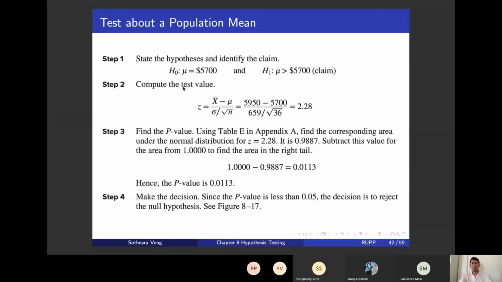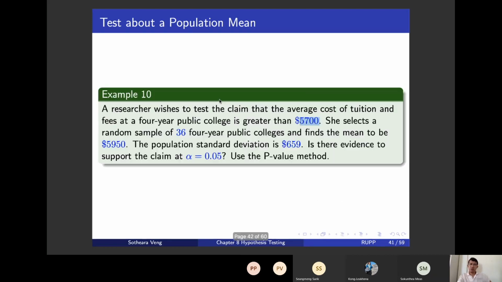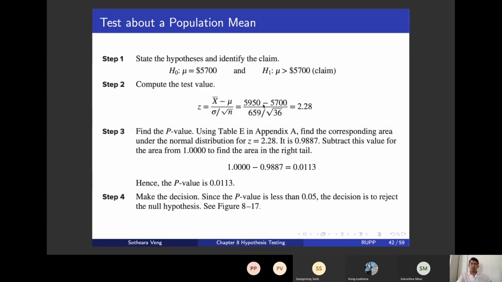And then you have to compute the test value. Again, we use this formula for the test statistic, because our sample size is large, 36, so we don't need the normality assumption. Based on the values given, you found that the test value is 2.28.